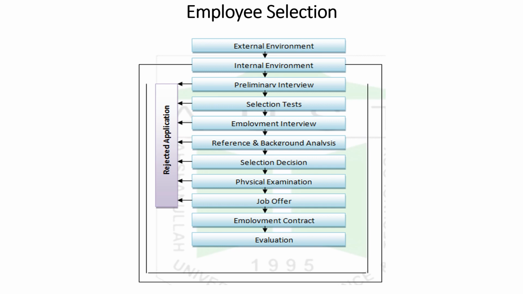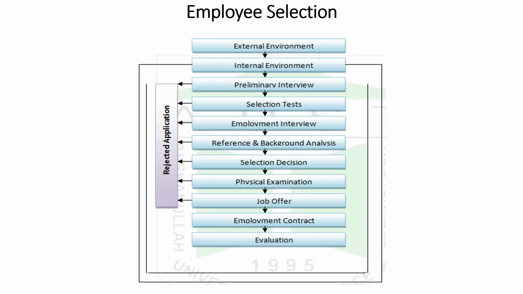Okay, and after this, the last step is evaluation of the whole selection process. Now evaluation means to check the effectiveness. So here in the last step we are checking the effectiveness of the whole selection process. How effective we are, how successful we are in the selection process, because many times it happens that you have selected a person expecting performance, but you have failed to select the right candidate.